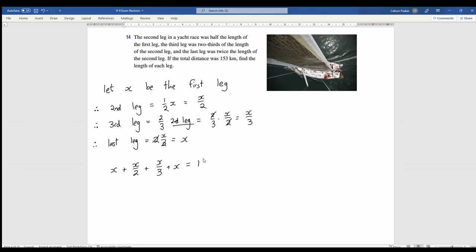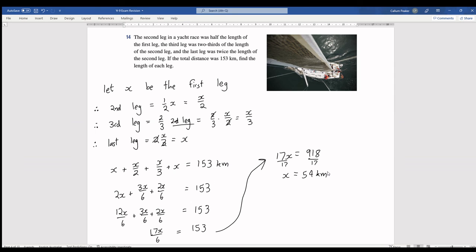That equals 153 kilometers. And finally, that gives us that x is equal to 54 kilometers. And I think in the edit I may cut out a lot of my working out because it is a fairly long process, but as you can see, this is the answer we get to.